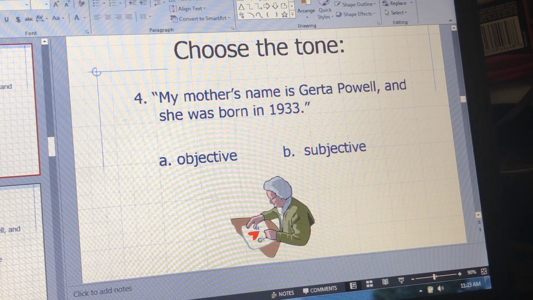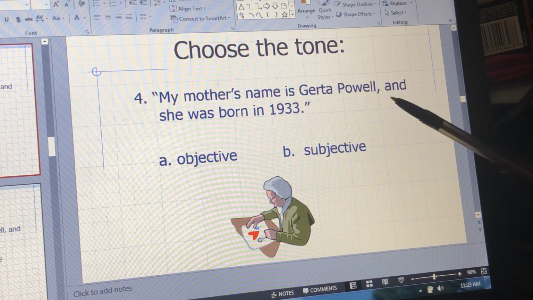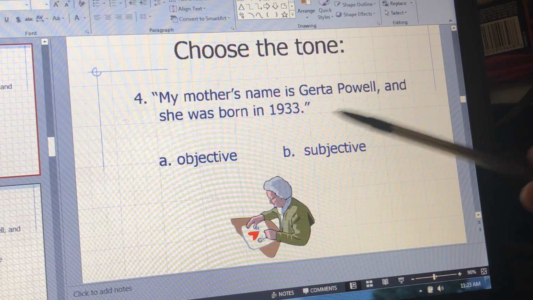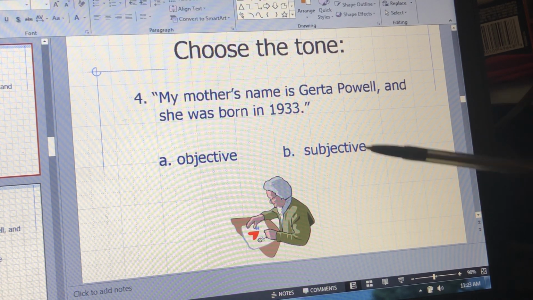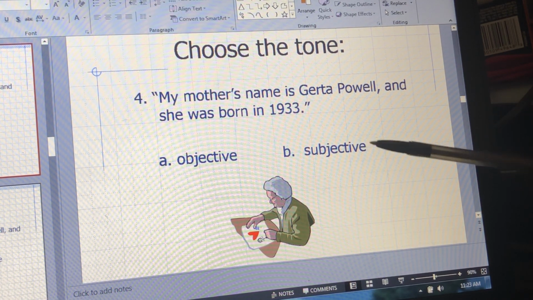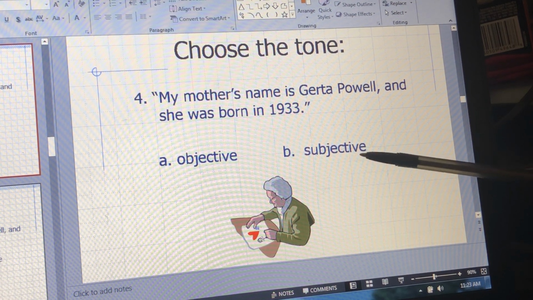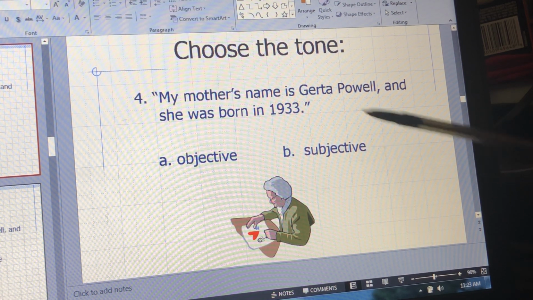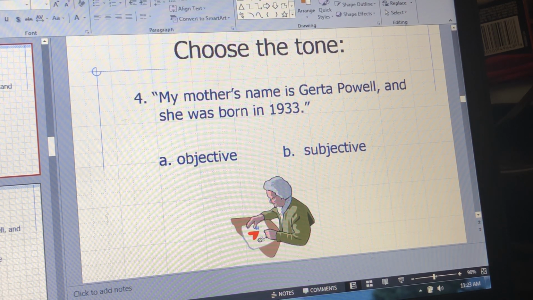Okay, so consider this question. The subject matter is personal, obviously, your mother, right? But is the way it's being said subjective or objective? Are you too close to the subject, or are you distancing yourself and looking at it from a more neutral point of view?